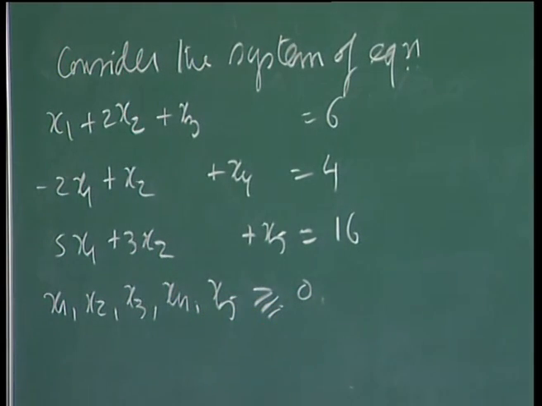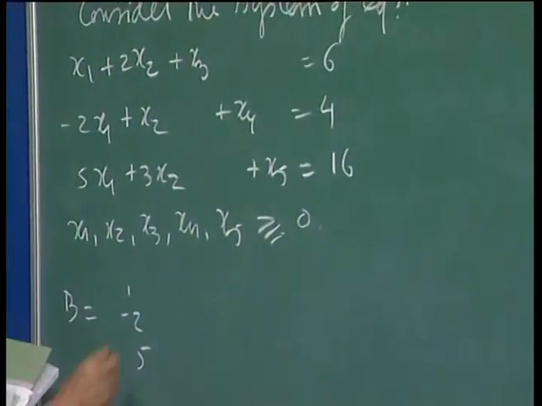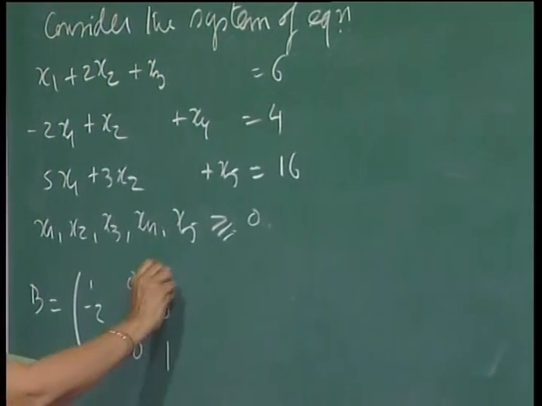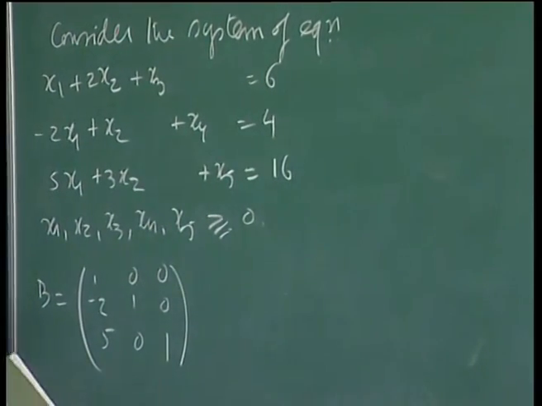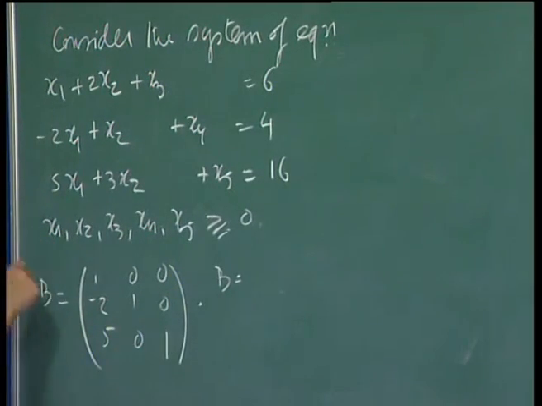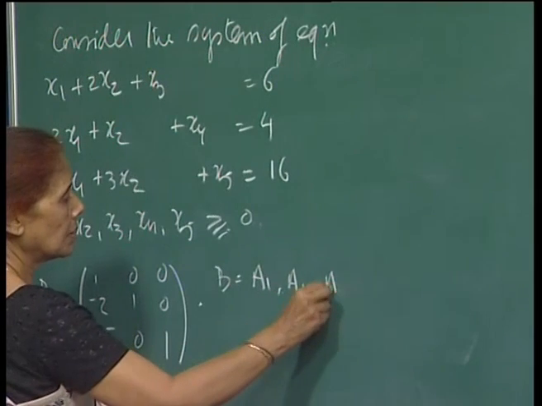Let me start with my basis B consisting of the columns (1, minus 2, 5), (0, 1, 0), (0, 0, 1), which is A1, A4, A5.